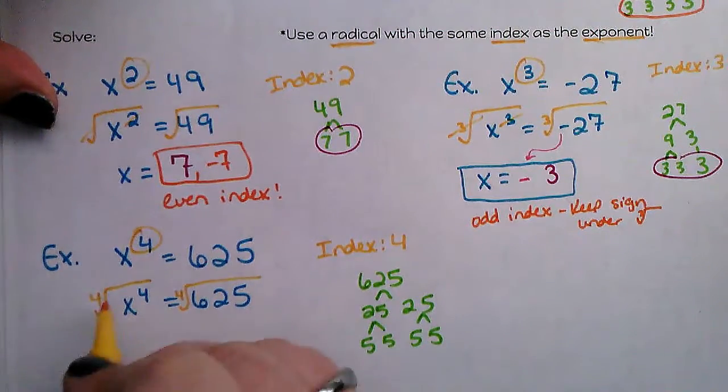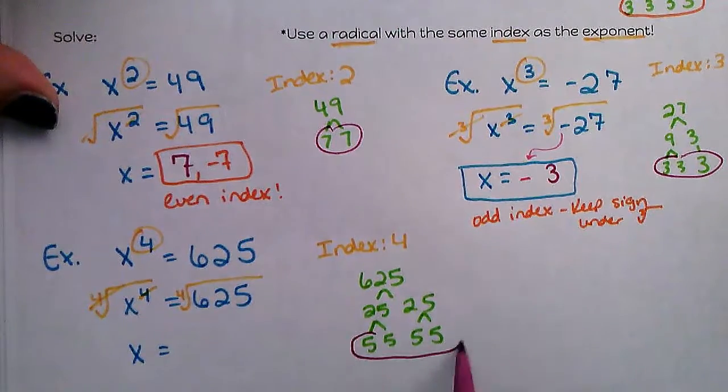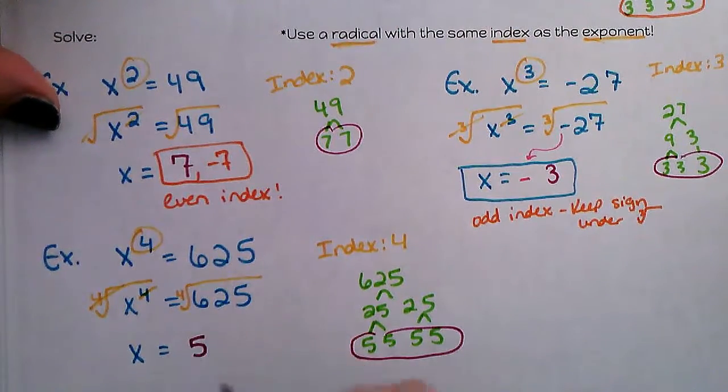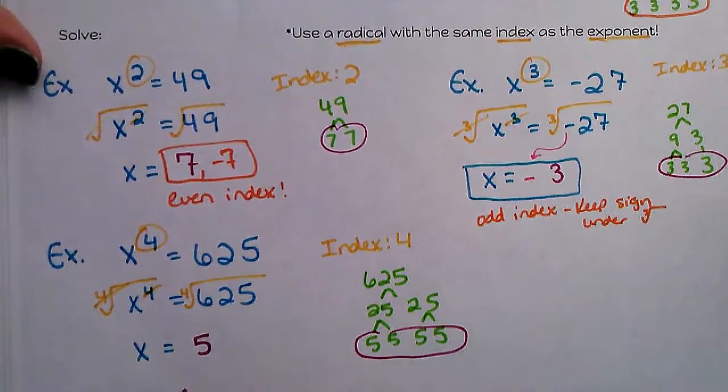Over here, my root and my exponent cancel, so I just have an x. Over here, I'm looking for a set of 4, and along here I have a set of 4 5s. So my answer is 5. But is 4 an even or an odd number? It's even, so I also have to have the negative.